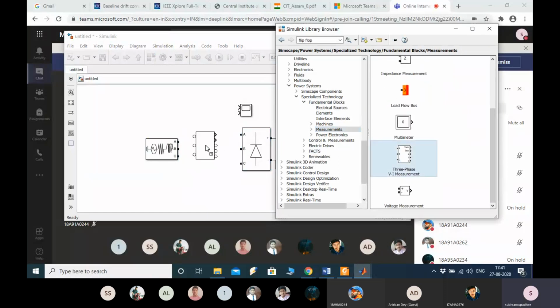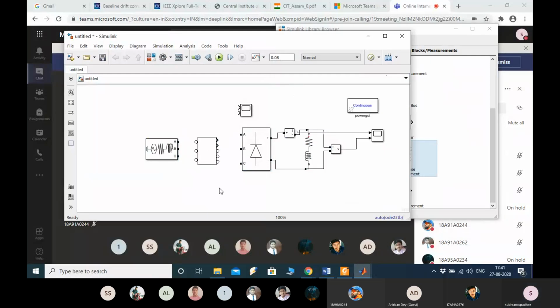Measurement blocks are really essential. A to A, B to B, C to C. Similarly, A to A, B to B, C to C, VABC, IABC.